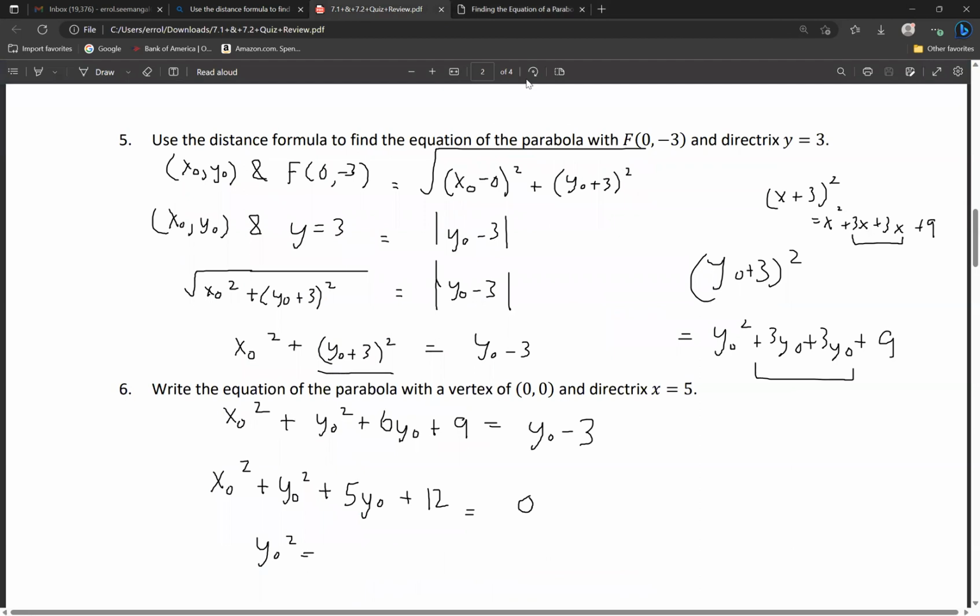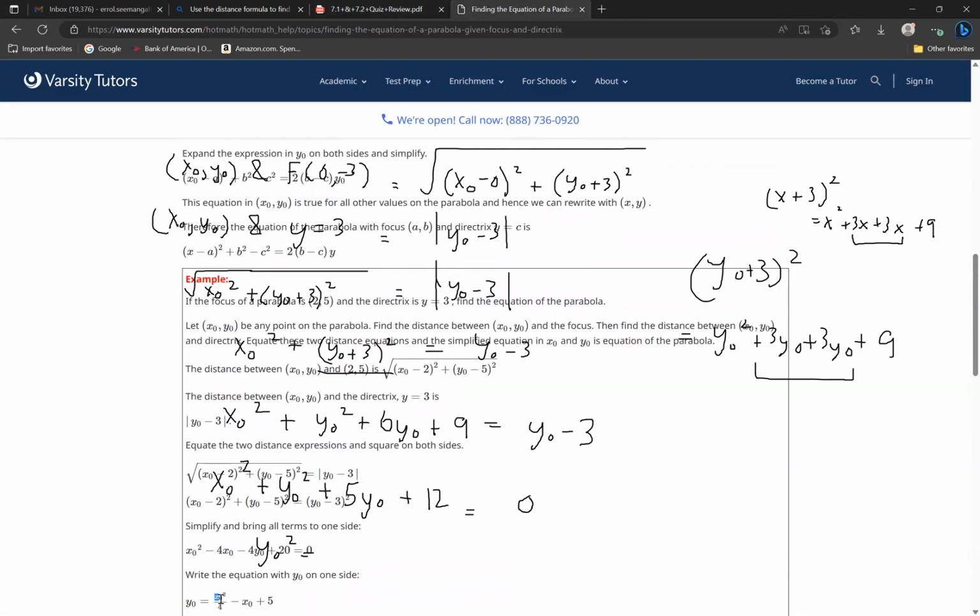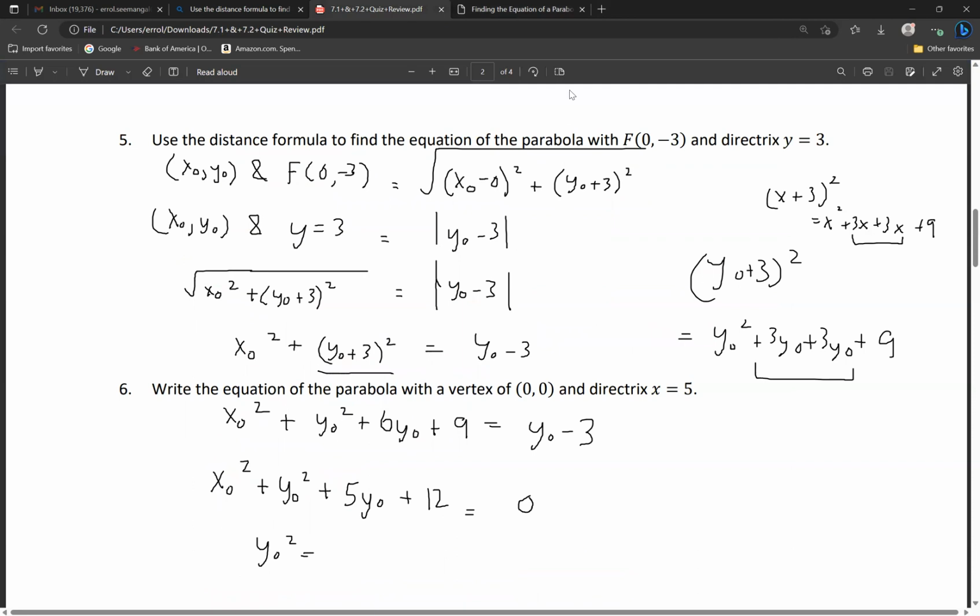Okay, so what do we have here? They want it in what order? They want the x squared first, then the x, then the number. The x squared term first. What do we have? We have negative x0 squared minus 5y0 minus 12.